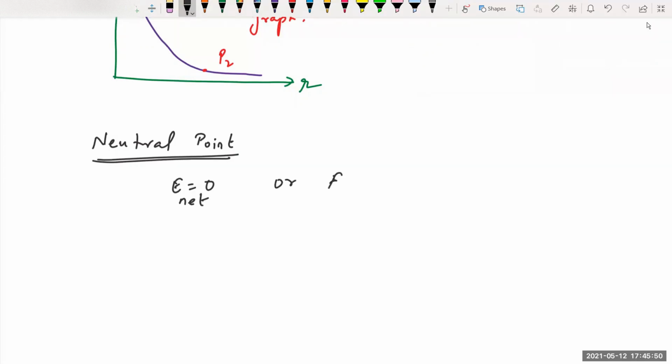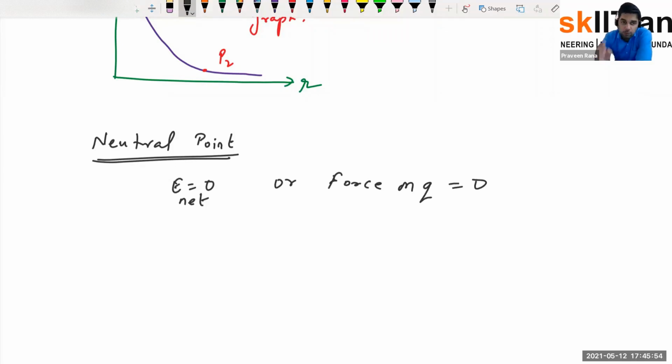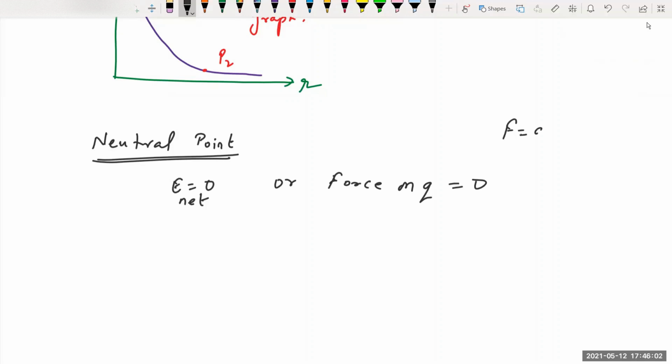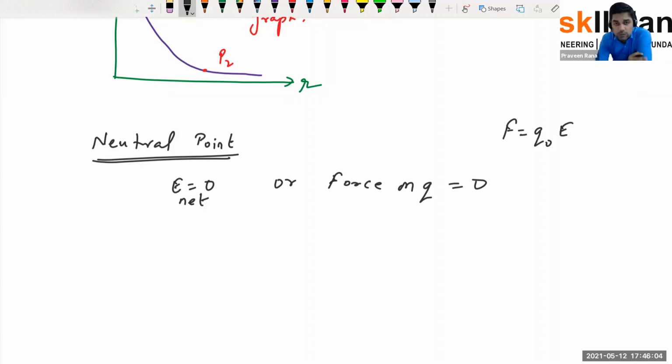Or you can say the force on a charge is 0. If you put a point charge at that place where electric field is 0, the force is also going to be 0. You can easily explain this by the formula. We know that force is equal to QE. So if electric field is 0, the force is also going to be 0.